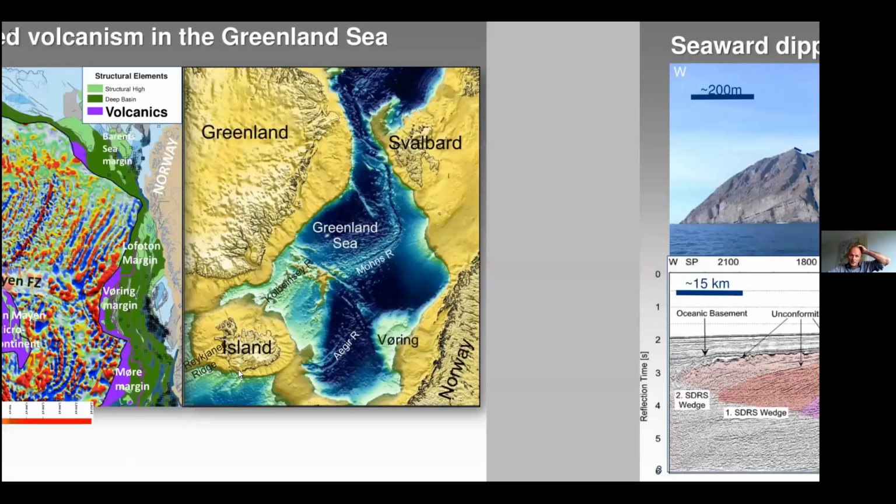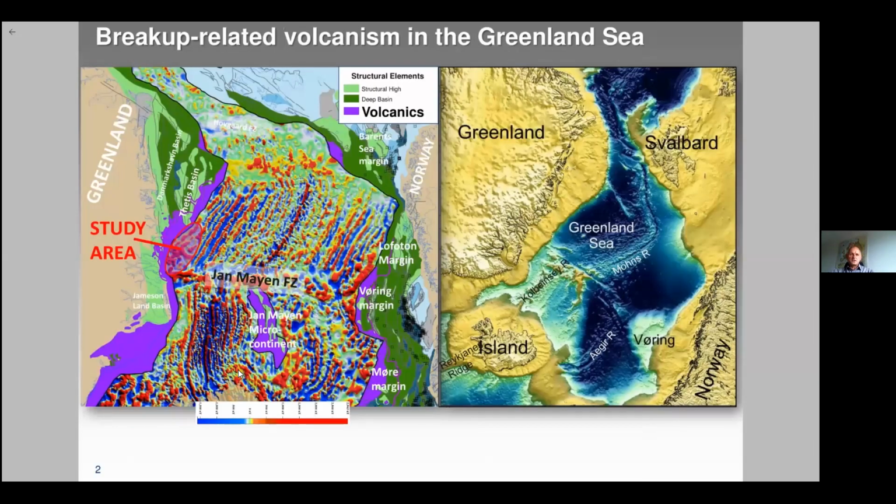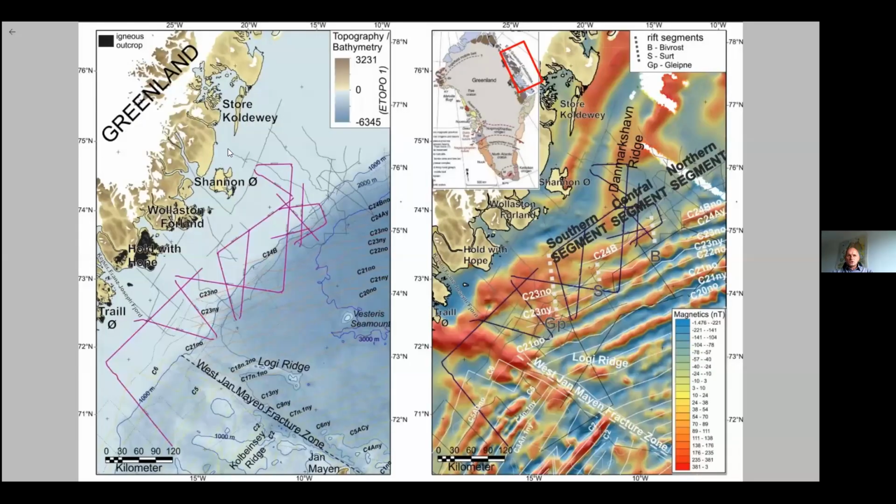So here we are. This is the grid of seismic lines we acquired in 2017, close to the ice edge. So the ice was up here, and we were able to acquire conventional 2D multi-channel seismic plus gravity and magnetic data along these lines.